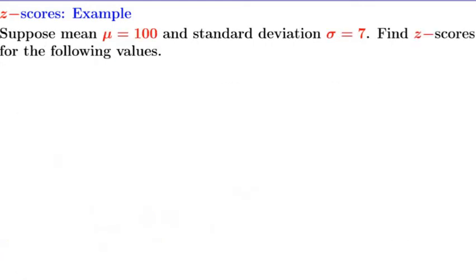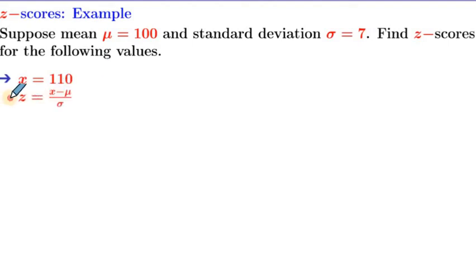Let's look at some more examples for z-scores. Suppose mean equals 100 and standard deviation equals 7. Find the z-scores for the following values. So let's try to find the z-score when x equals 110.